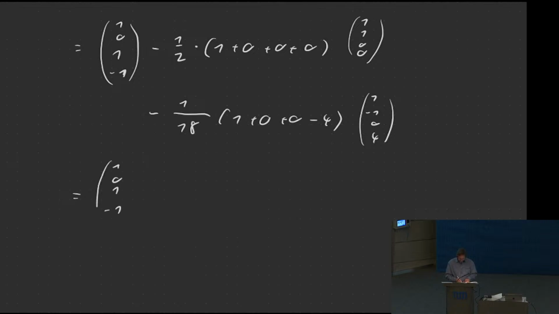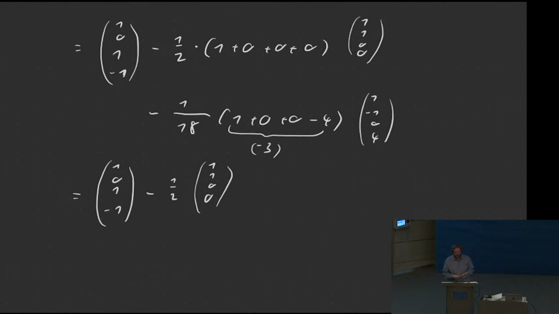So we end up with, let's see. So this is minus 1 over 2, times (1, 1, 0, 0). And here we get 1 minus 4, this is minus 3.